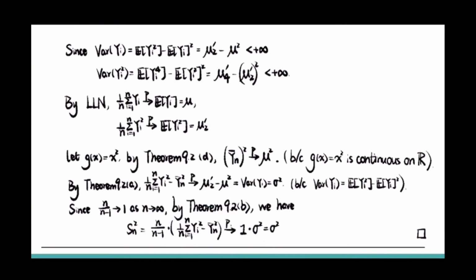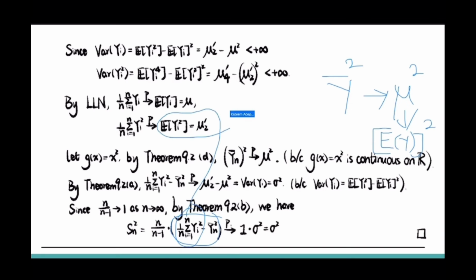If I want to analyze this for you, I said y bar squared converges to mu squared, and mu squared is more or less like the expectation of y, squared. And for the other part, the summation of y squared over n, we said the other time that it converges to the expected value of y squared, and you already know that the variance of y is equal to that.